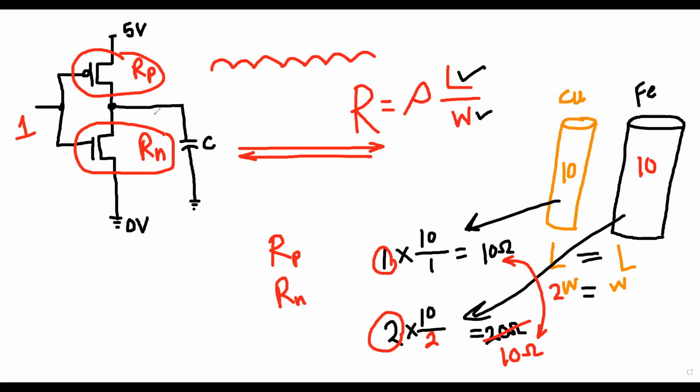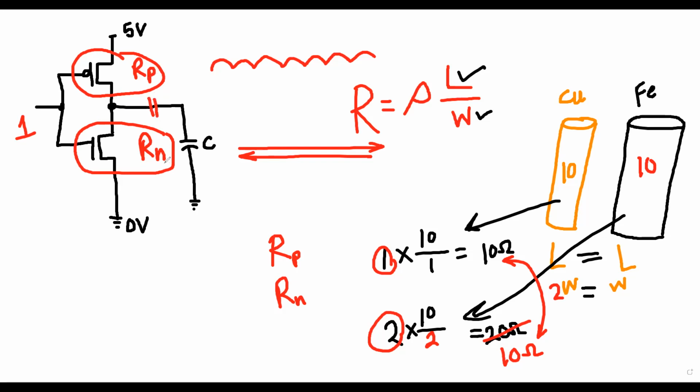Our goal is to make them equal so that the current for charging the capacitor and the current for discharging the capacitor are equal, so the on-times are equal. Going from 0 to 1, the time is smaller, and from 1 to 0, the time is also equal. So we have to make them equal.